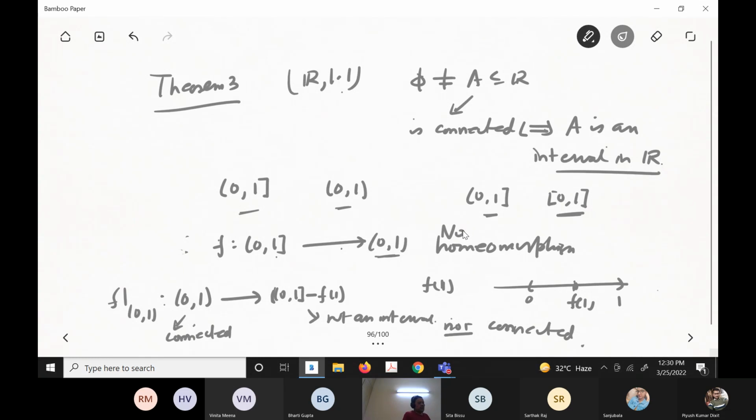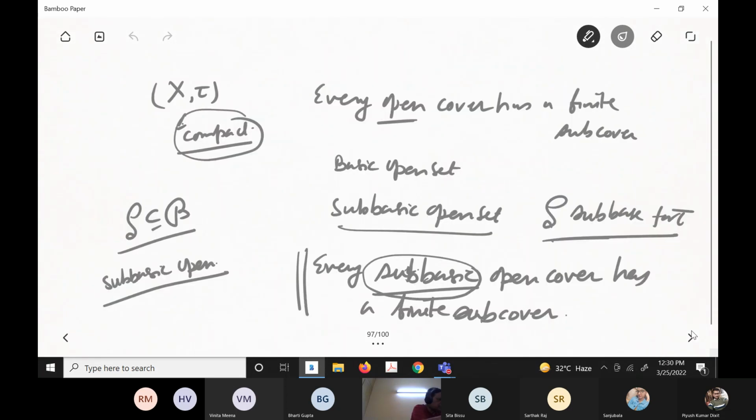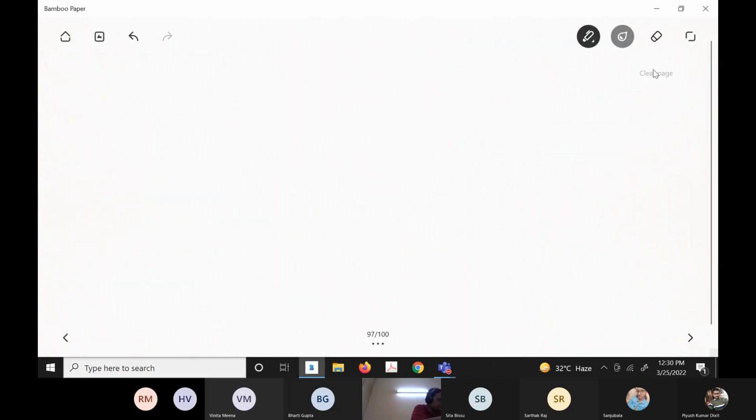Okay, this trick you can use in many other things, like, well, look here. Remember that 0, 1 to S1.